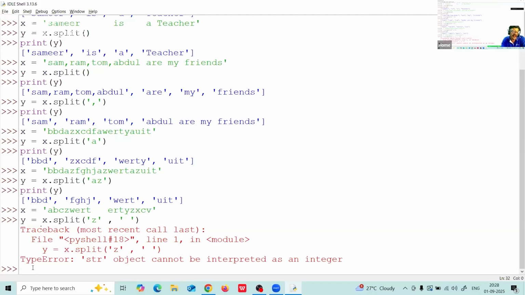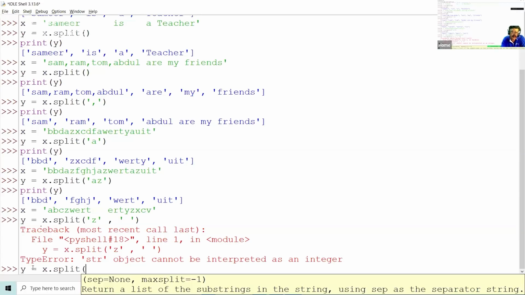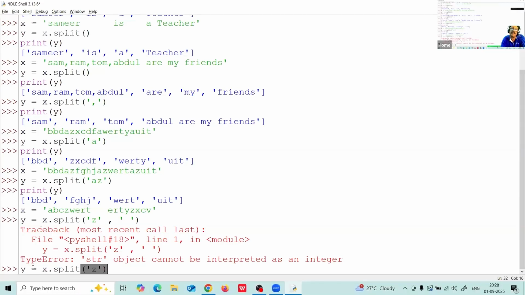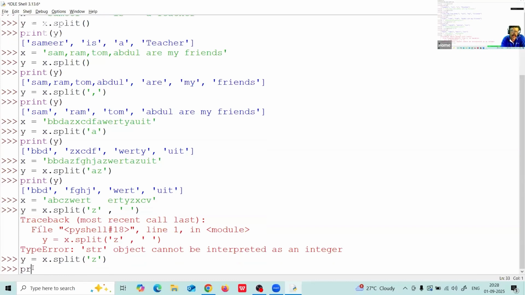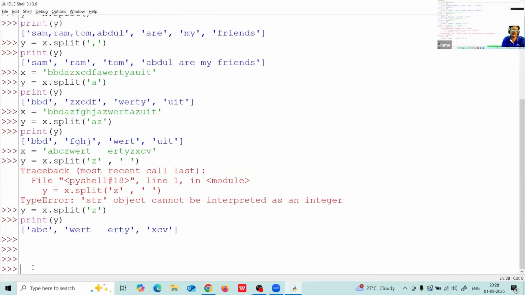Okay. So what I am saying is, you say Y is equal to X dot split, and then you say, according to Z, you split first. And then print Y. You understand this output. You see this. This is the entire word you got, isn't it? And now you run the second split. But there is a problem.